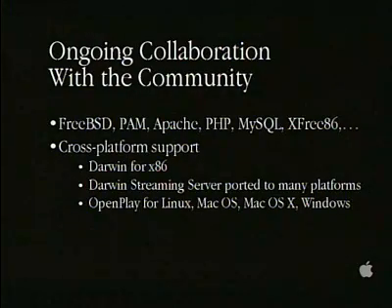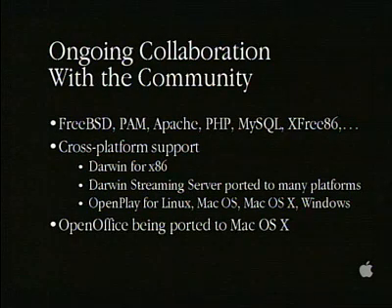The streaming server has also been ported to a number of platforms. It runs on Linux and Windows, and we'll tell you a bit more about that later in the session, but it's pretty exciting. It's all over the place. And the same for OpenPlay. It's great to see not only the technologies that run on our platform, but to really take advantage of the open source movement is to really get them into even broader communities.